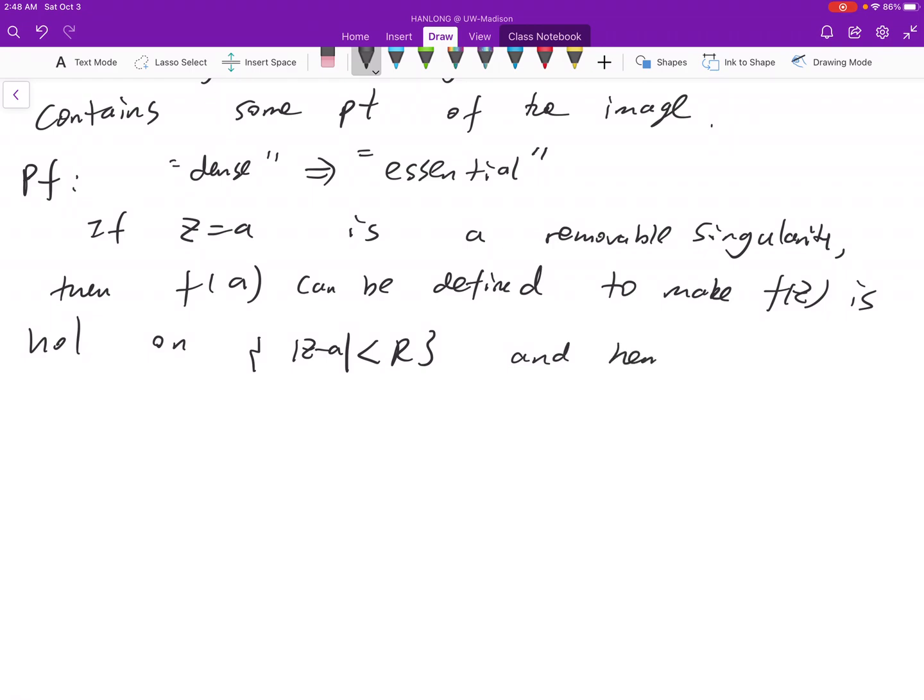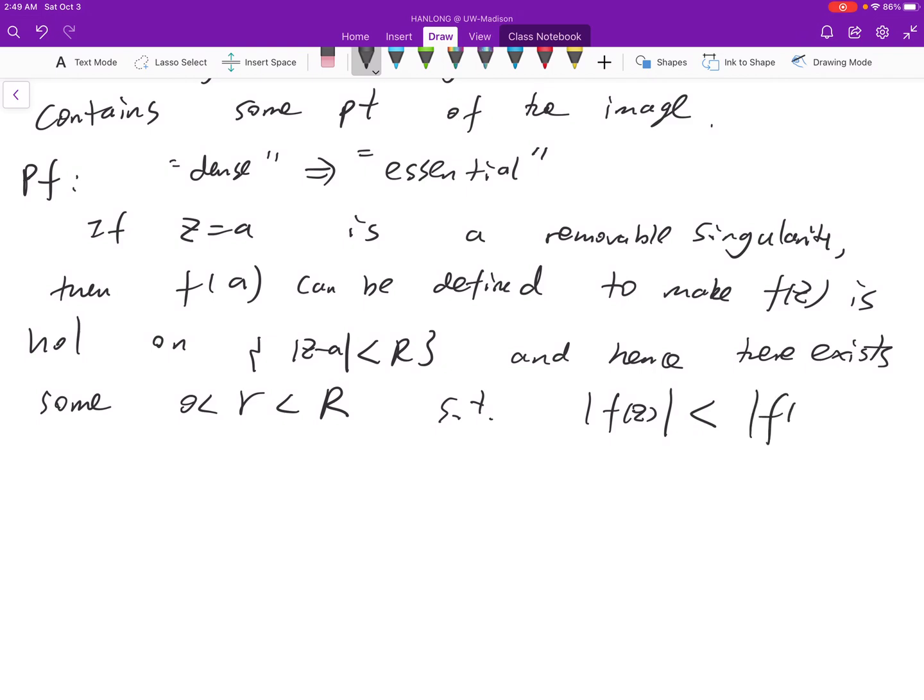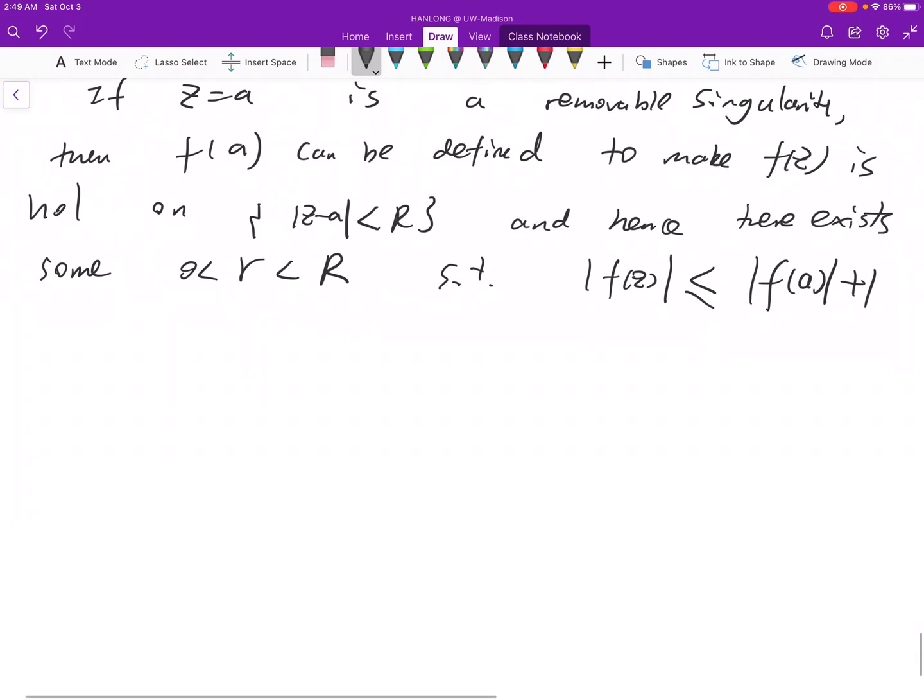Hence there exists some positive number small r less than capital R, such that, because f is holomorphic, hence it's continuous, we can take such r that the absolute value of f(z) is bounded by absolute value of f(a) plus 1 for any z minus a between 0 and r.